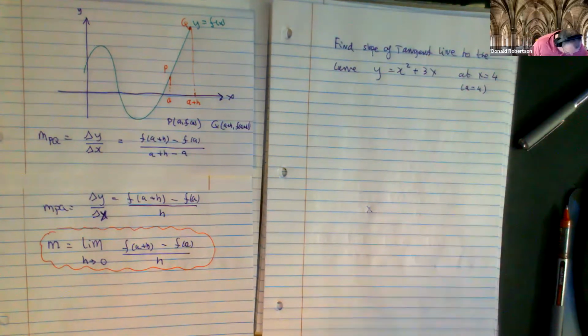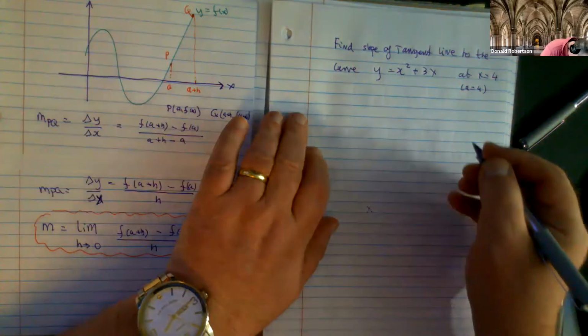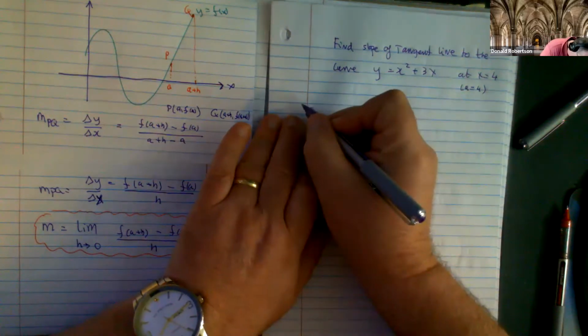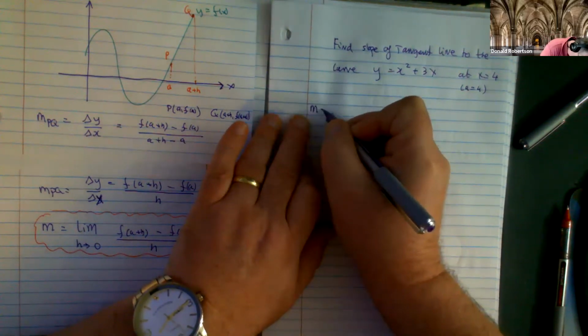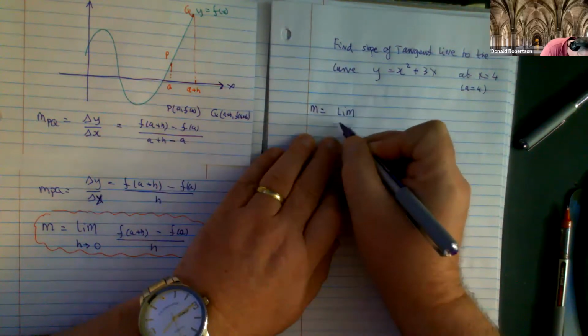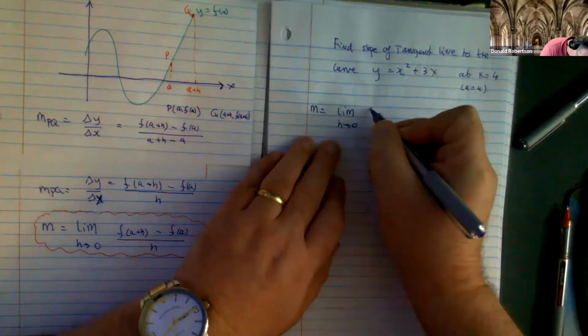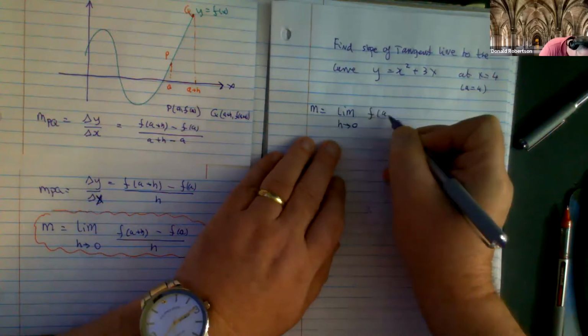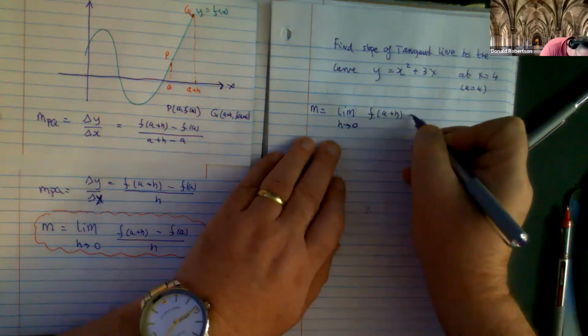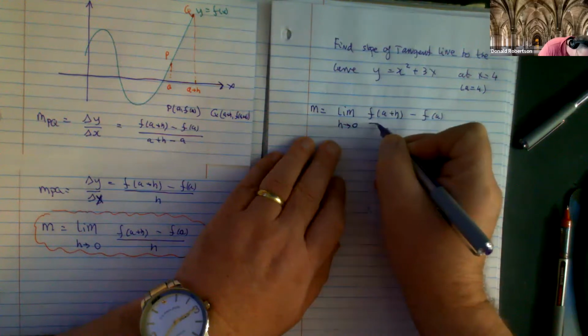Then according to my formula here, the slope of the tangent line is going to be the limit as h tends to 0 of f of a plus h, take away f of a, all over h.